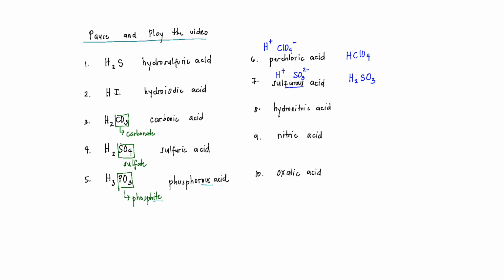Now, how about for hydronitric acid? So there's a word hydro, and this one is nitric. So expect that would be N3 negative, that is a binary acid, which will be coming from nitride, and then make it as an acid, H positive. So therefore, this one is the hydronitric acid.